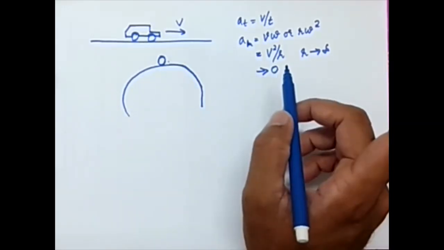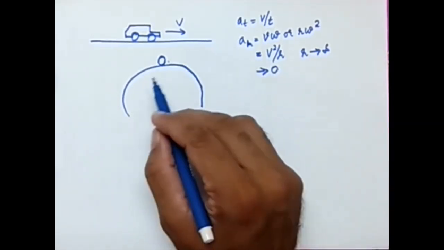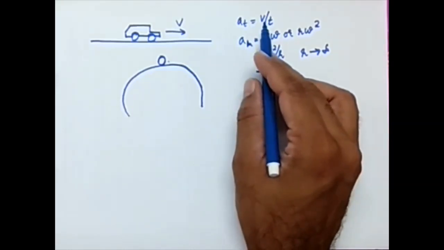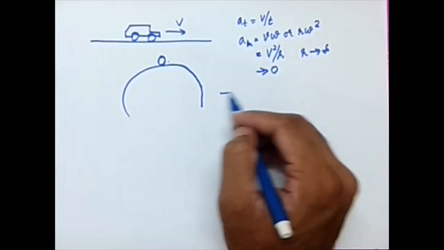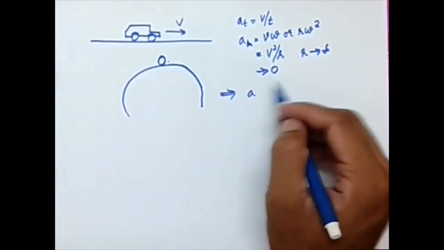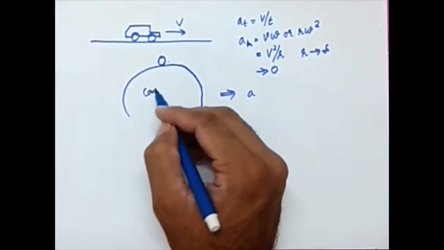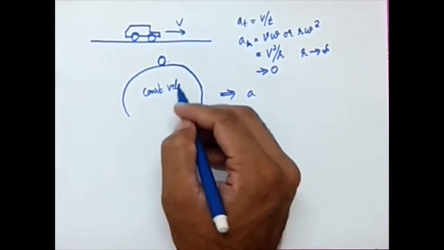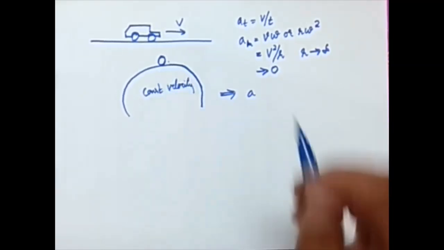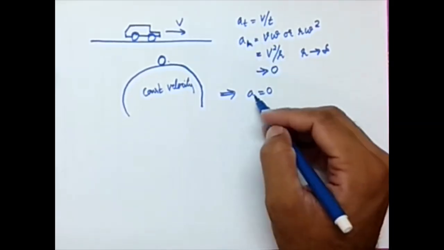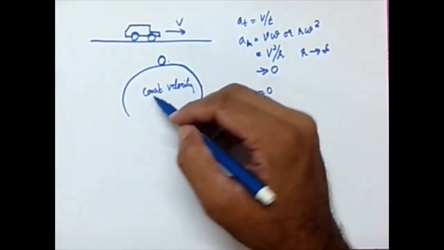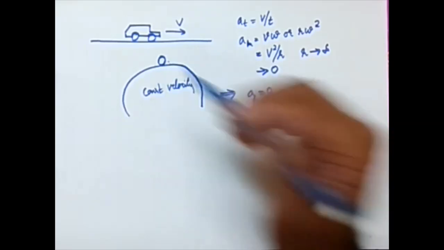When the velocity is constant, what happens to the acceleration? At is the change in velocity by time. So if the velocity is constant, acceleration will be 0. That is, at will be 0 because there is no change in the magnitude of the velocity.